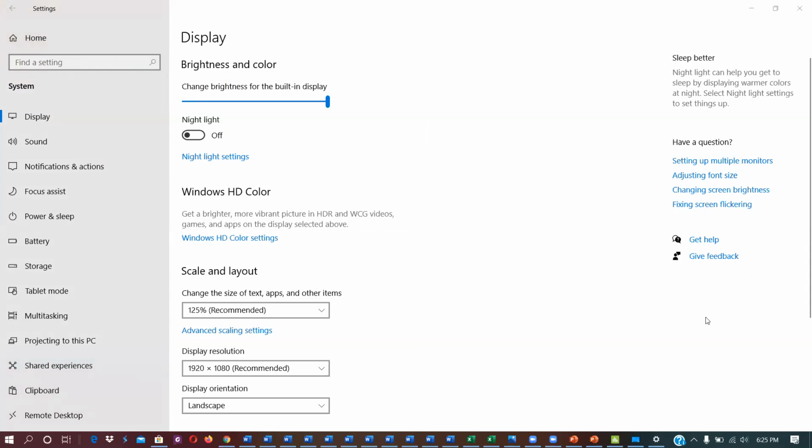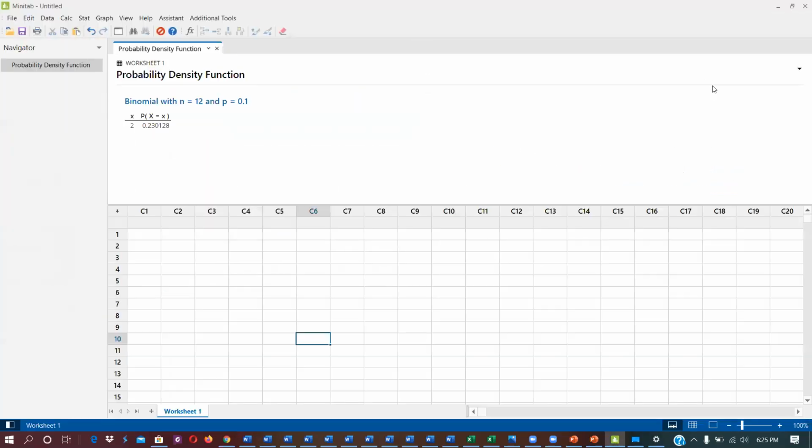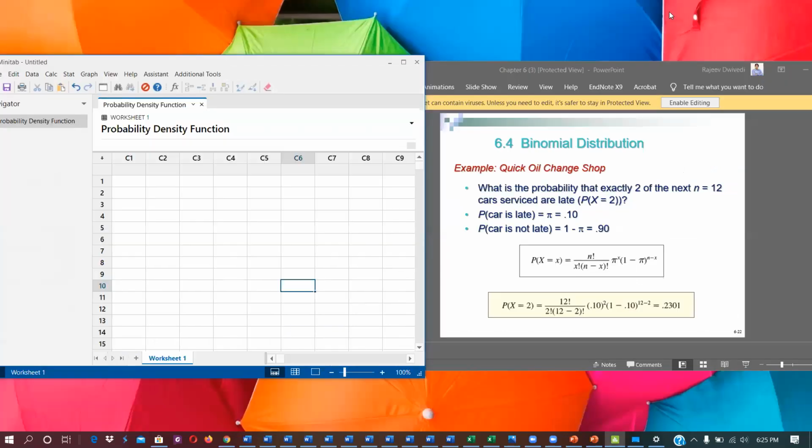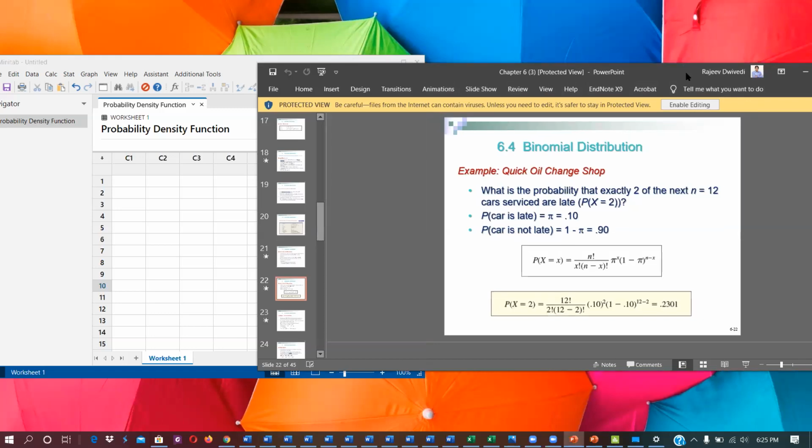Hold the top bar and drag, okay. And so my Minitab, okay. I need to learn, and I probably will in the next class.